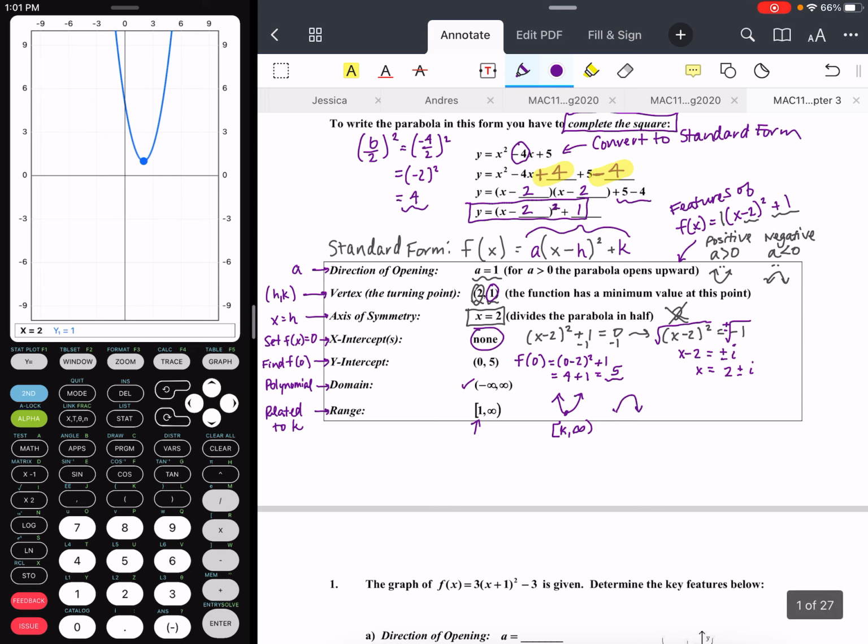And for a downward facing parabola, which we don't have in this example, your range would be from negative infinity up to a maximum value of k. And you use square brackets at k because your parabola does pass through the vertex, so your y value can equal that k. So that is included in your range.